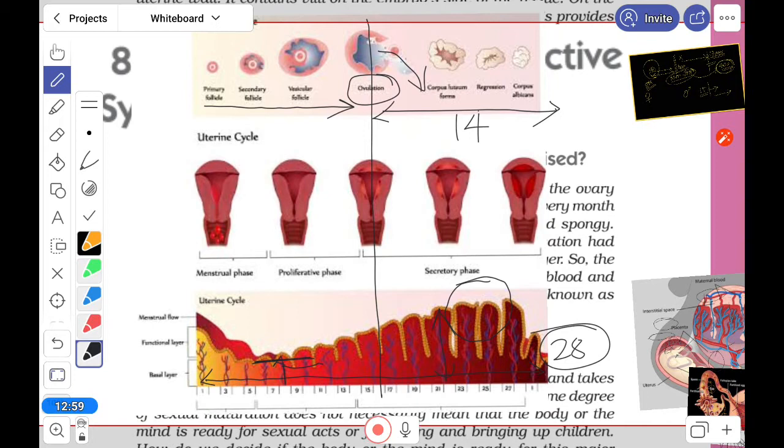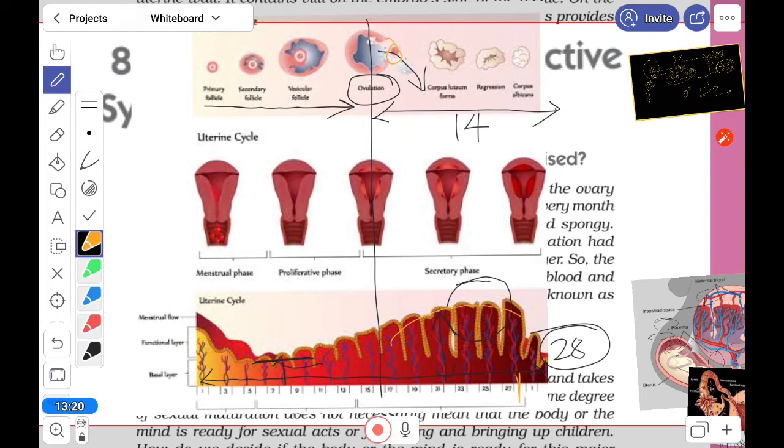Now here we are talking about what will happen when the egg is not fertilized. Look at this area, suppose the egg is not fertilized up to 28 days. After 28 days the egg will not be viable, not living, so the egg will die.